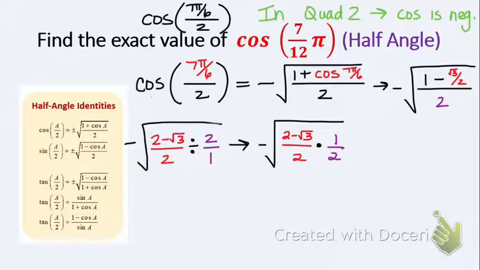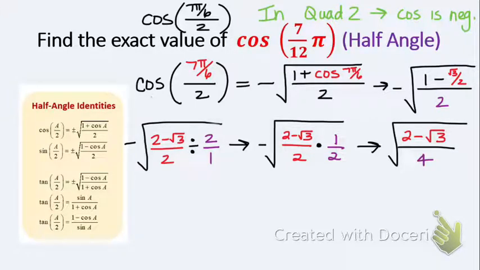All right, so next, there we go, multiply straight across, and in the numerator we have 2 minus root 3, and in our denominator we have a 4.